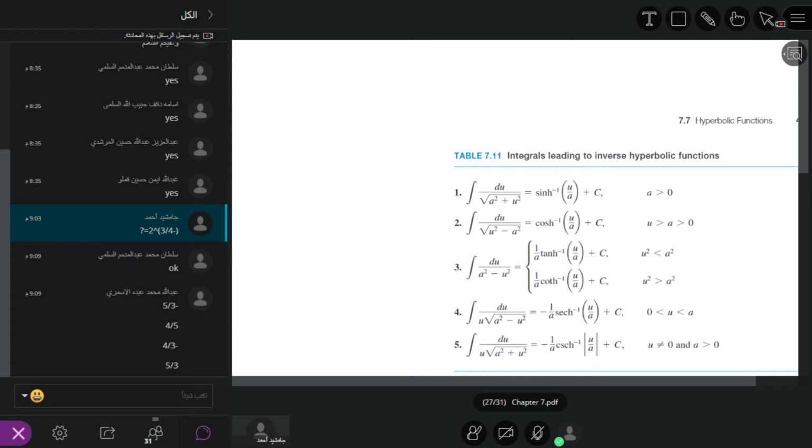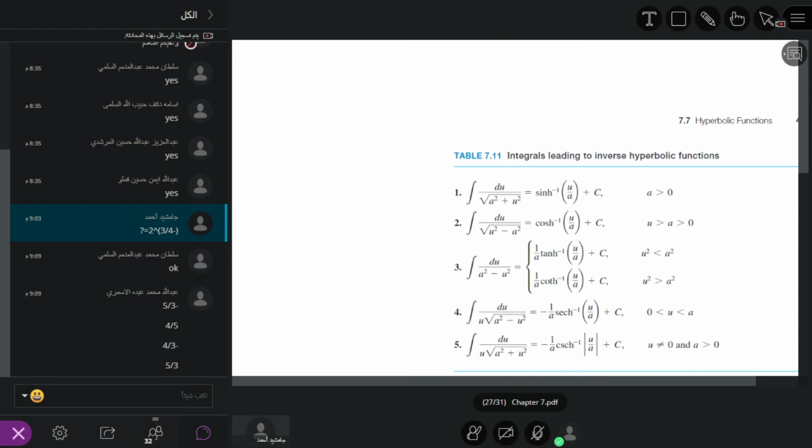Here we have to simplify this. So now we have 2 cosine hyperbolic ln x. What is the definition of cosine hyperbolic x?